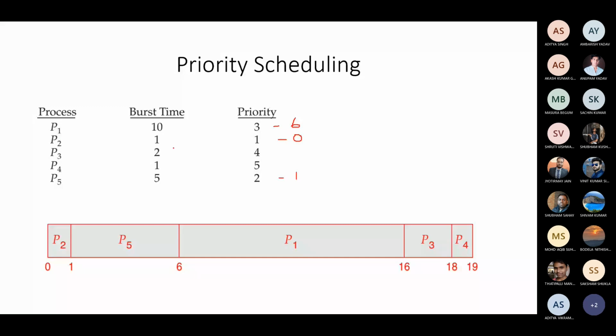Then what is the fourth priority? P3. P3 is the fourth priority job. How long did P3 wait? 16. 6 plus 10, 16. Then P4 waited 16 plus 2, 18.